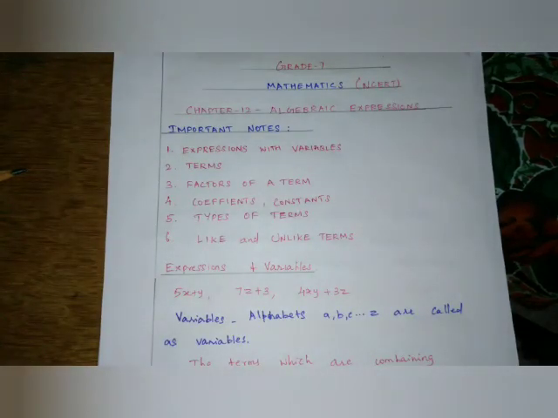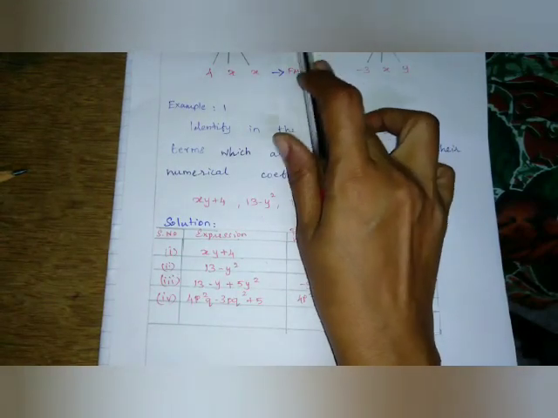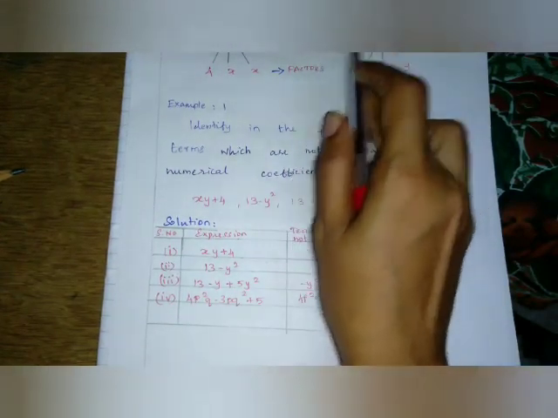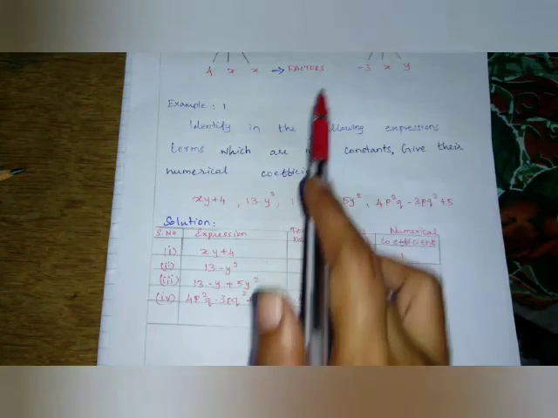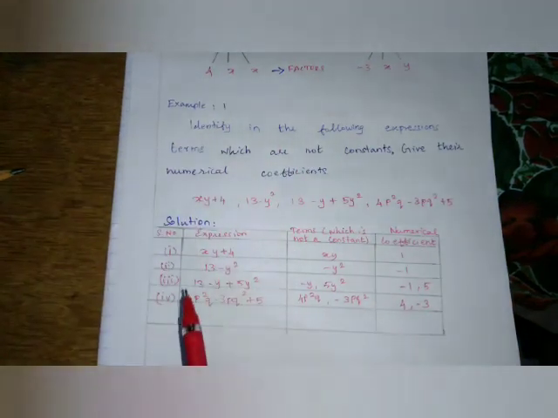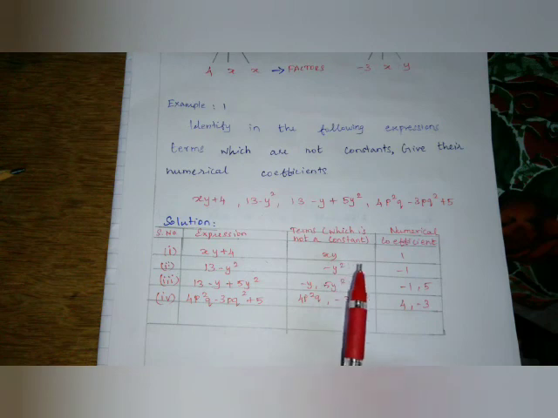I think, children, now you understand the important topics in algebraic expressions: variables, algebraic expressions, constants, and the terms of an expression, how we split an expression into terms, and how we split terms into factors. From this we can now write the numerical coefficients, the terms with coefficients, and the constants.